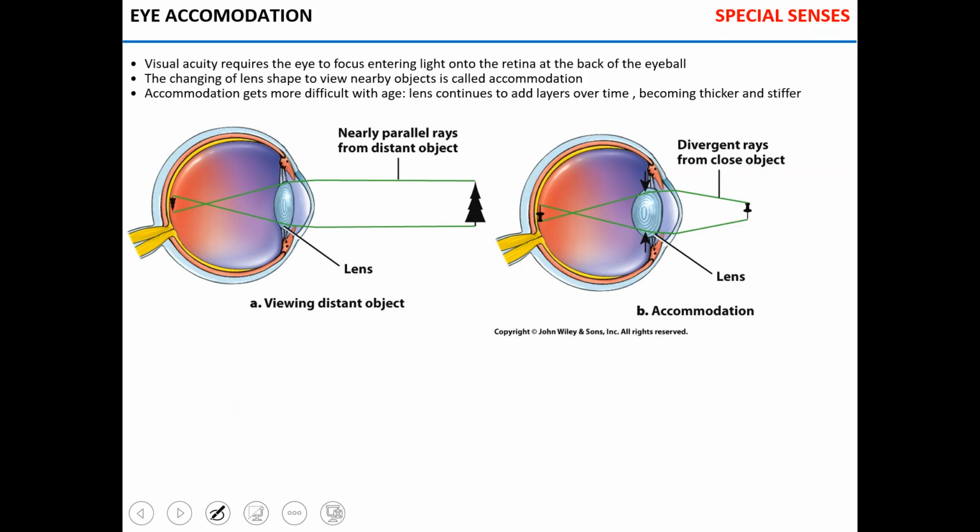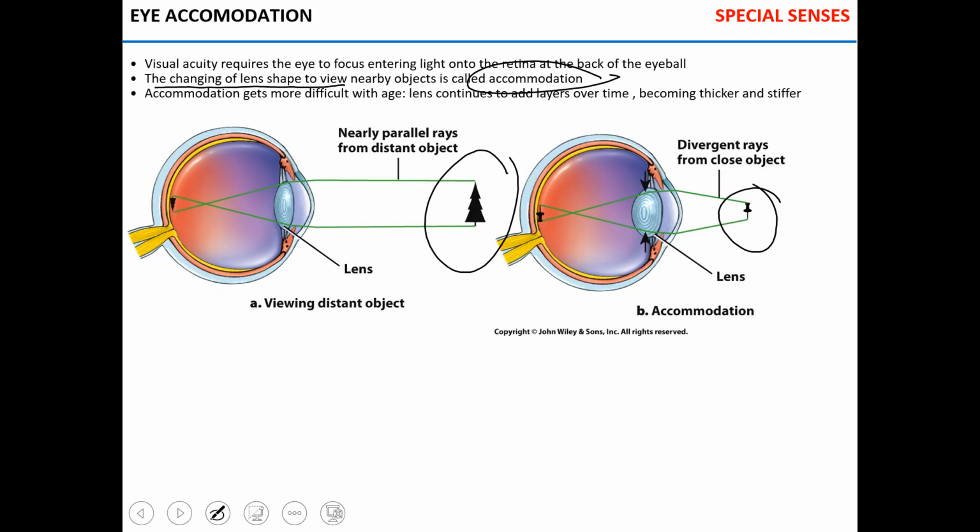Now, your ability to look at something large but far away, or small and close, is called visual acuity, and visual acuity is regulated by lens. When lens changes shape, we can change our focus from far objects to the closer objects, and that is called eye accommodation.